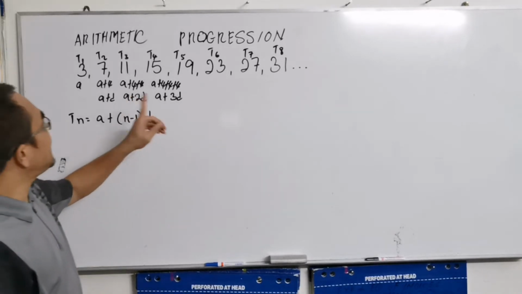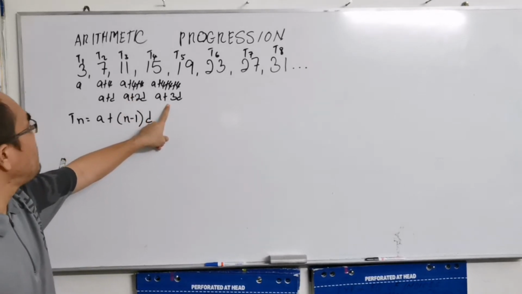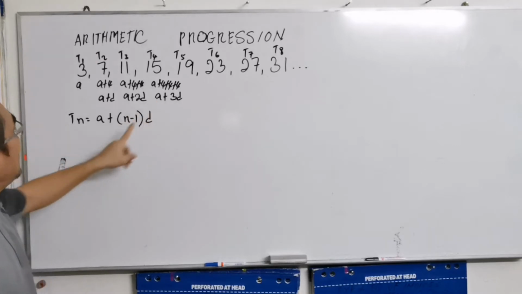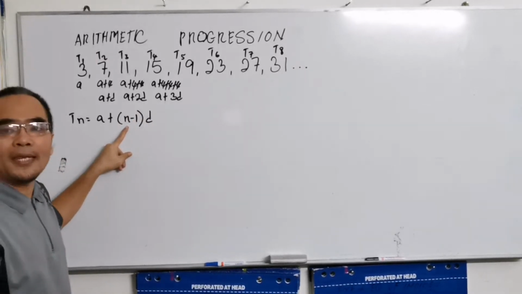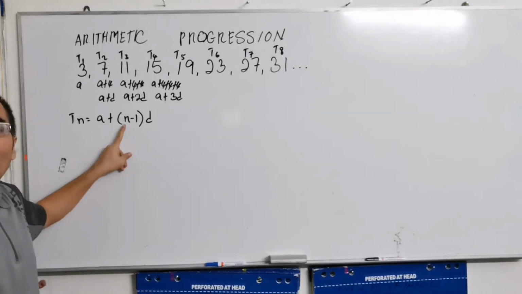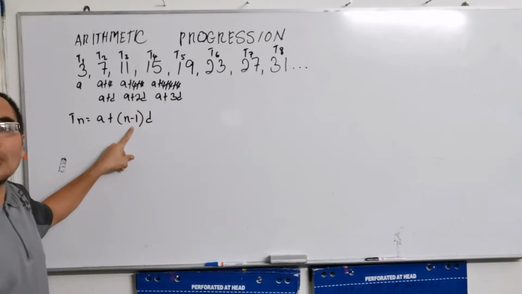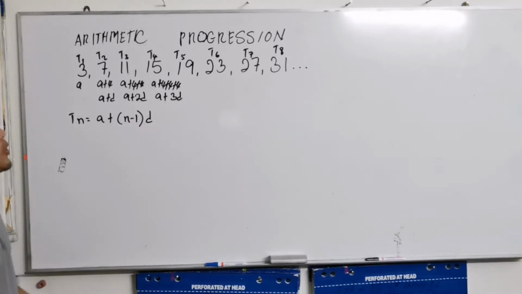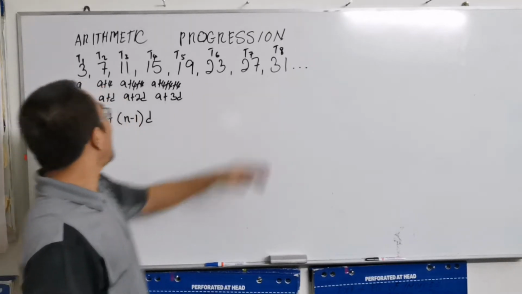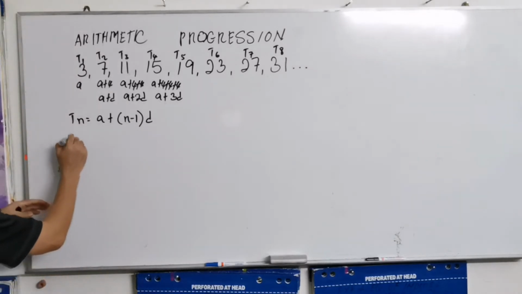Let's talk about T4, 3D. If we replace n as 4, you get 4 minus 1, which is equal to 3, so 3D. Let's say we want to find the T8.